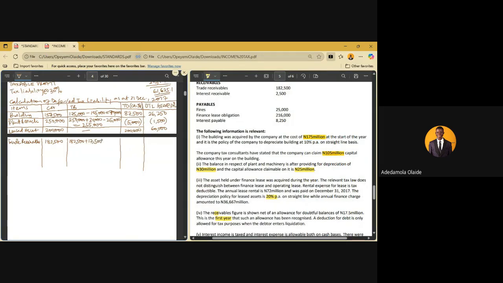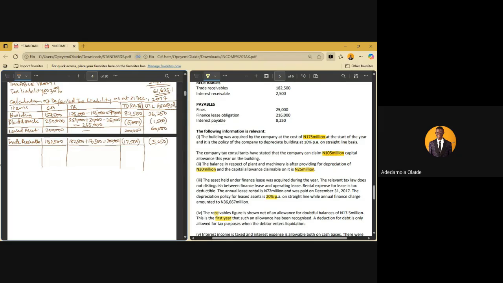But for tax purpose, since allowance for doubtful debt is not recognized, we have to add it back. So the tax base will be 200,000. So with that, our timing difference will be 17,500 negative, which shows it is a deductible timing difference, and that will give us a deferred tax asset of 5,250. We move to the next one.